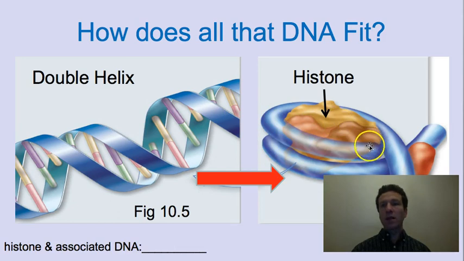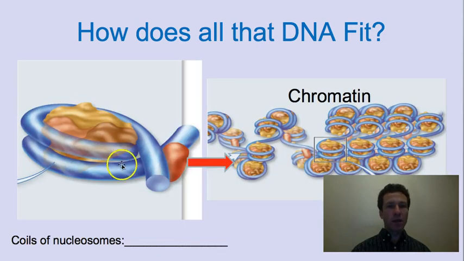And so you can see we've reduced the length of the DNA. This is much like if you wanted to organize a hose, you could coil the hose maybe around the center part of a hose reel. So that's our second step in organization.